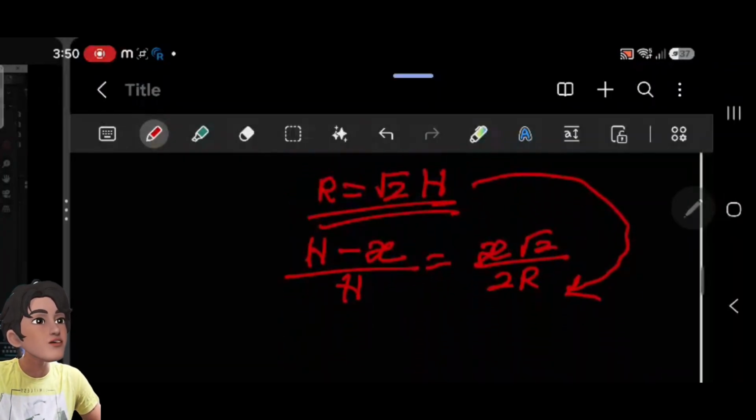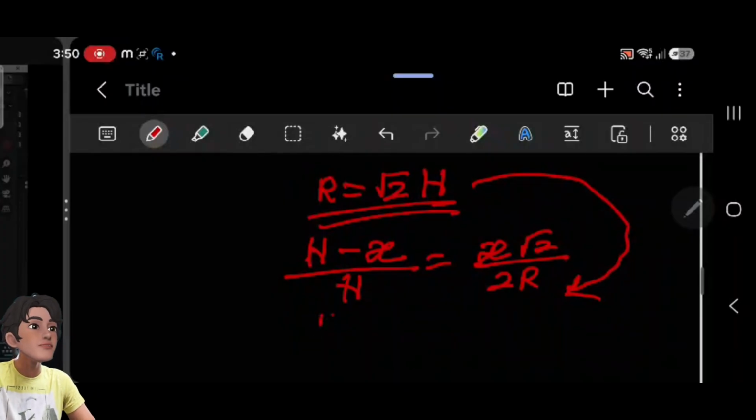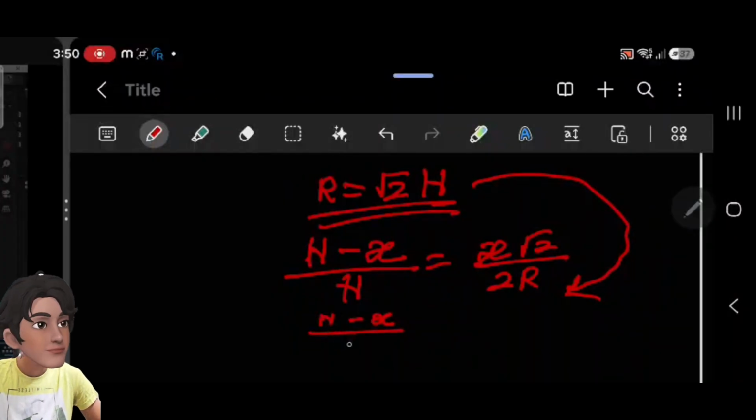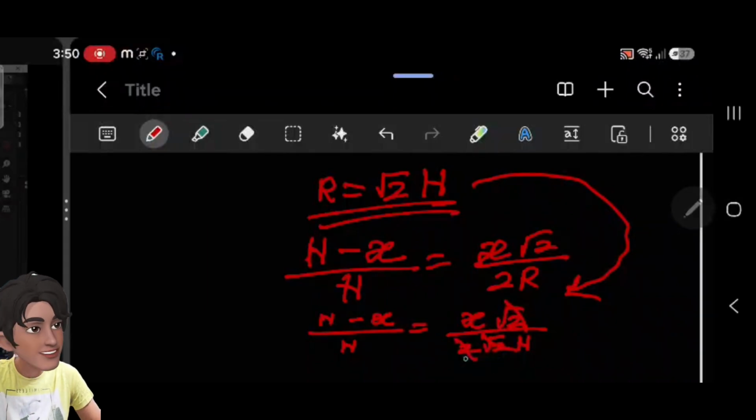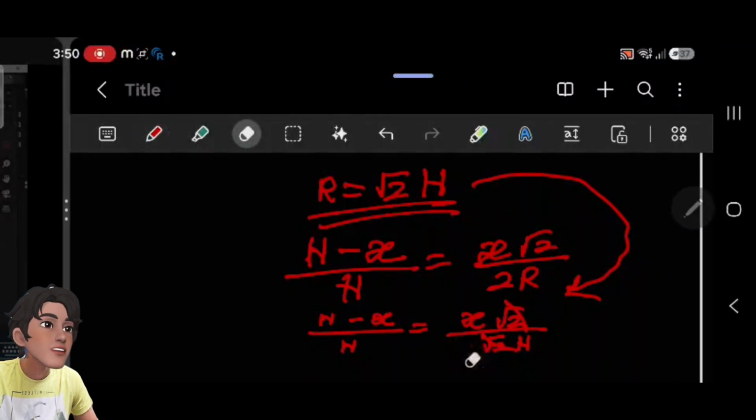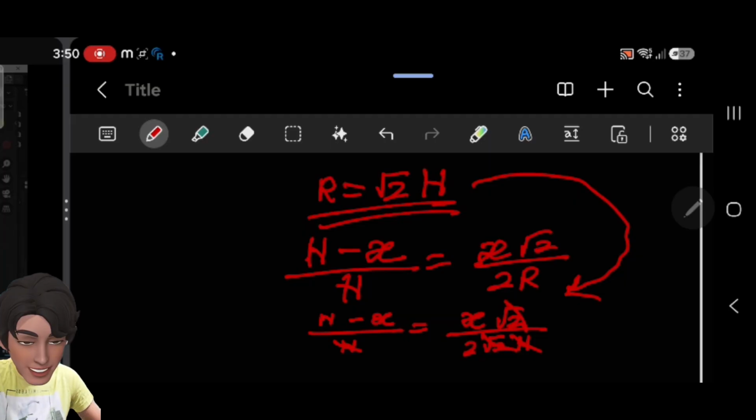Now substituting this value of R in this equation, we are getting the same in the LHS, while in the RHS it's x root 2 by 2 root 2 times h. Now root 2 and root 2 get cancelled, and h and h get cancelled.